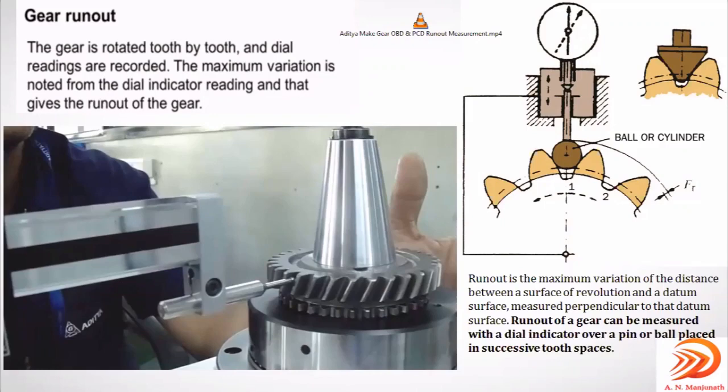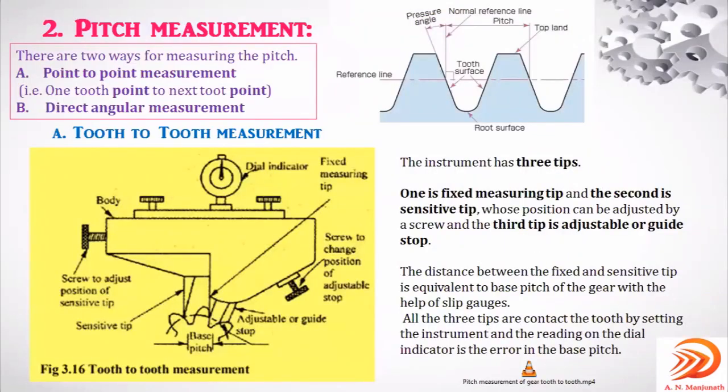Run out. The second element is the pitch, right? Second element will be the pitch. You can observe in this particular image, pitch means from this point to this point, with respect to this line. This is the pitch for the given gear.